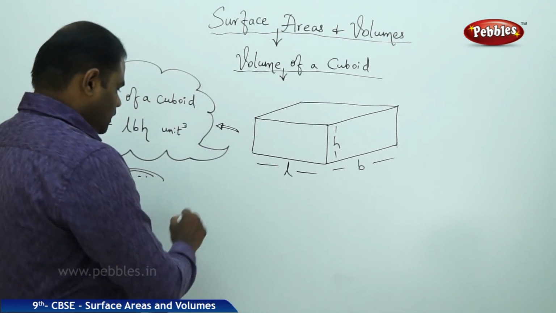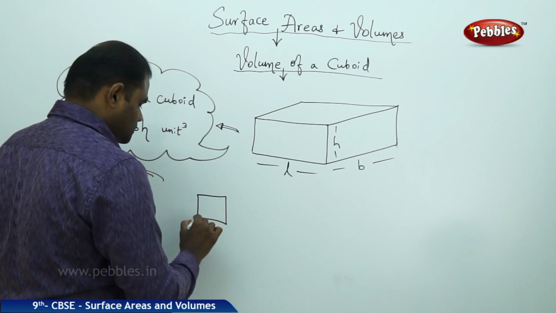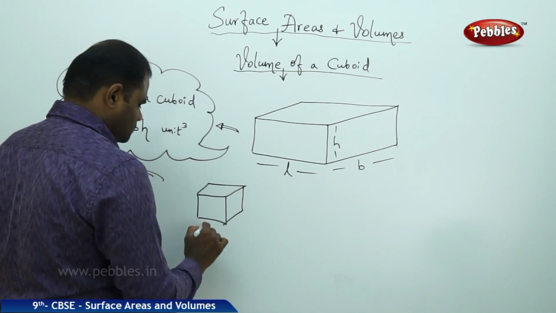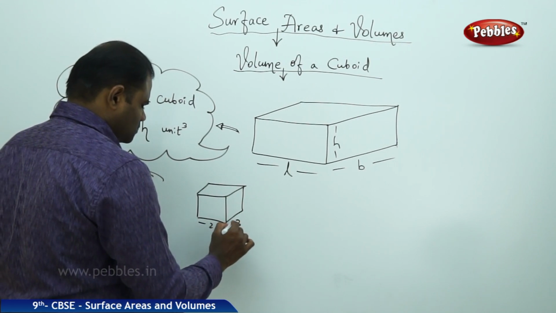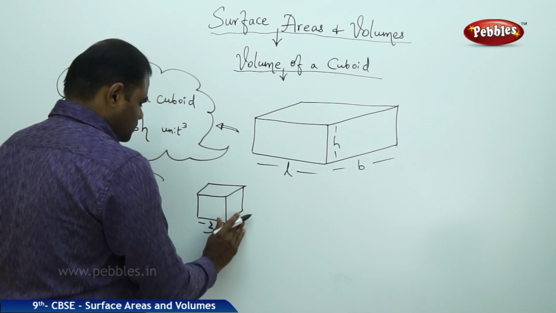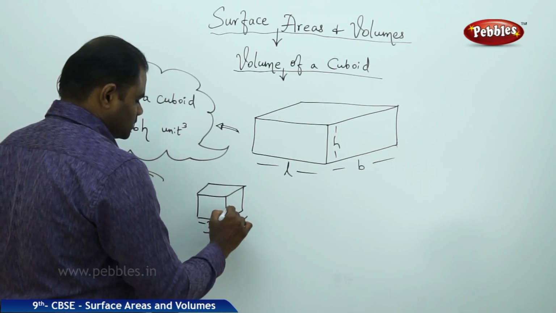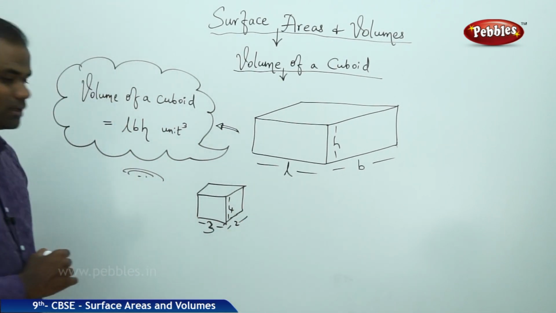For example, I have a cuboid with the dimensions: the length is 3, the width is 2, and the height is 4.